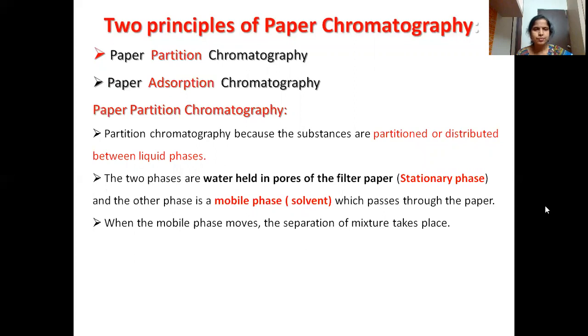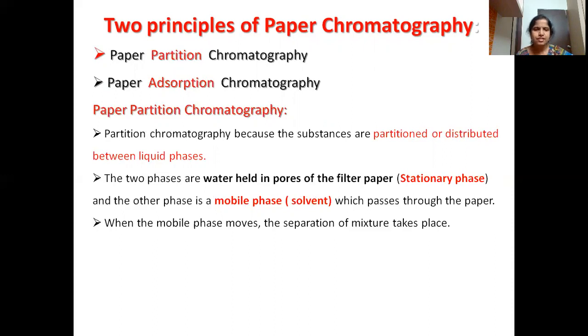Now in this paper chromatography, as I said, the separation is taking place on the paper. That paper is made up of cellulose. And in that cellulose, we find small pores. Water is held in these pores. So that filter paper is acting as a stationary phase.